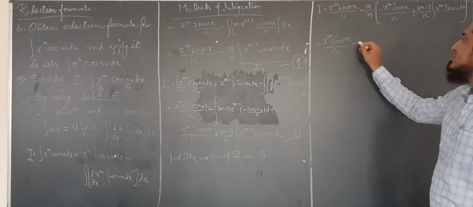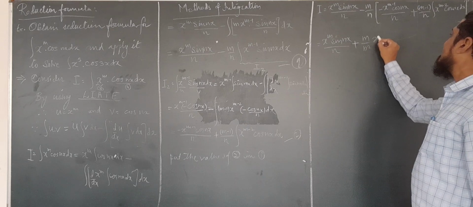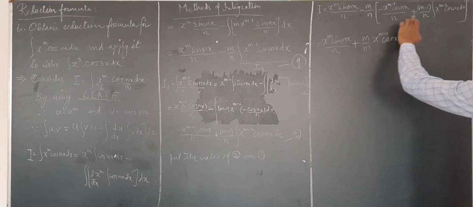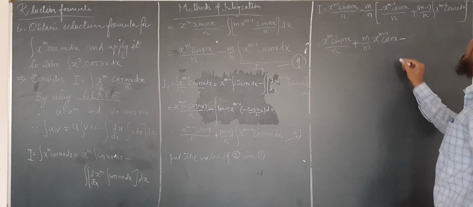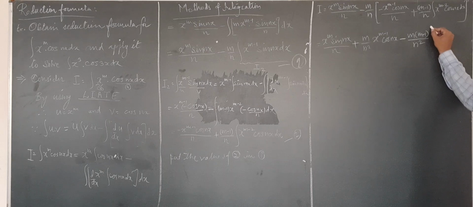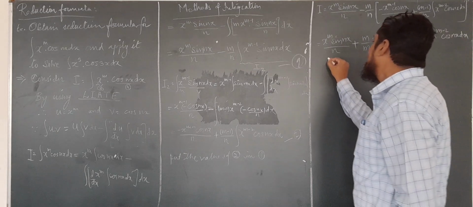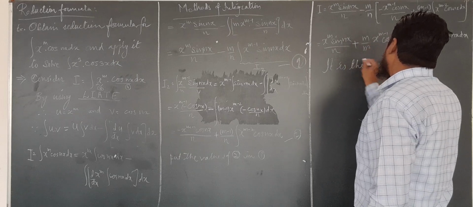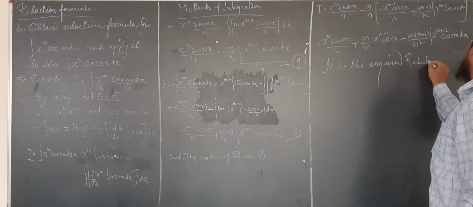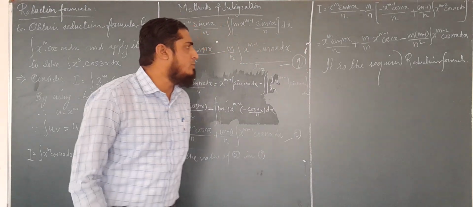Now minus becomes plus, m by n square x raised to m minus 1 cos nx, and this minus and plus becomes minus, m minus 1 upon n square integration x raised to m minus 2 cos nx dx, and it is the required reduction formula.